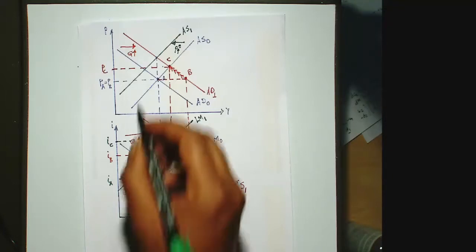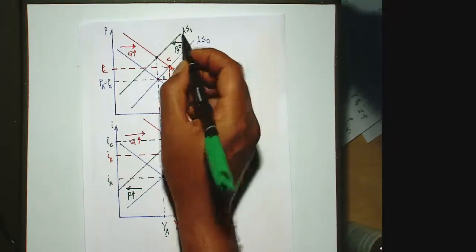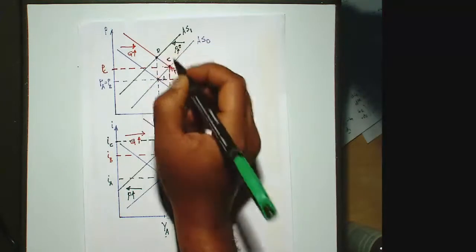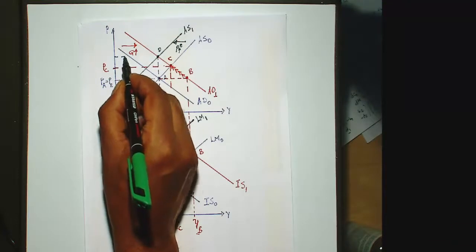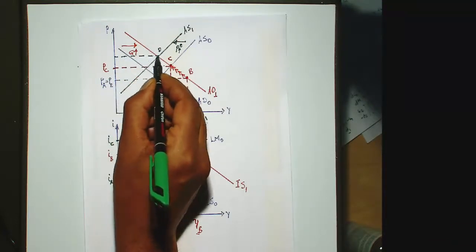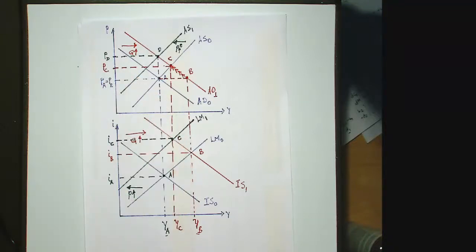So on the new equilibrium, as you can see, we have moved from AS0 to AS1, and we have a new point which is represented by D. And at point D, since supply decreased, we have a new price level which should be represented by price PD. So this indicates that there is still an increase in price.